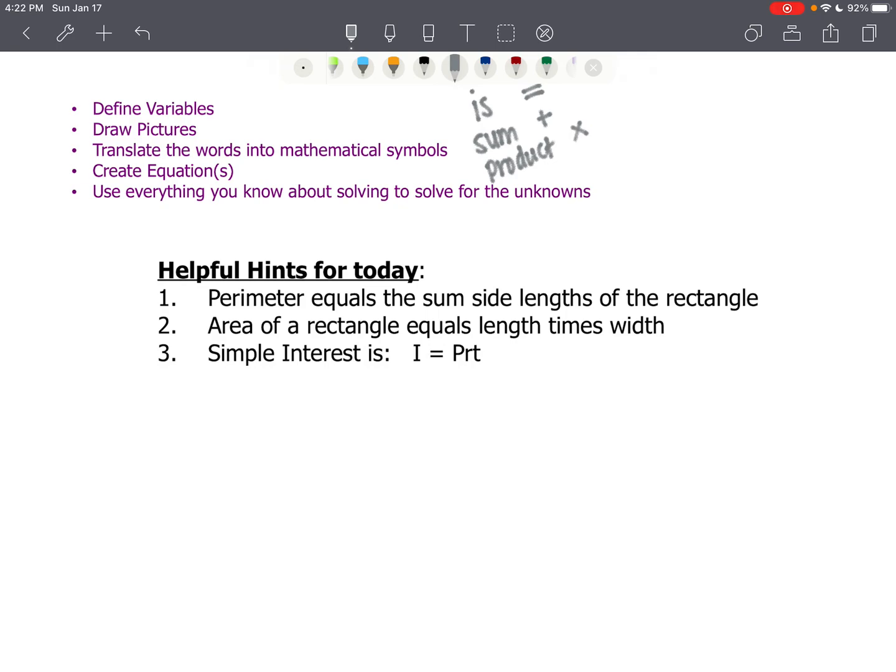And then simple interest is interest equals principal, that's the amount you invest, times the rate, which is your interest rate, times the time in years. And that's what I equals PRT is equal to.